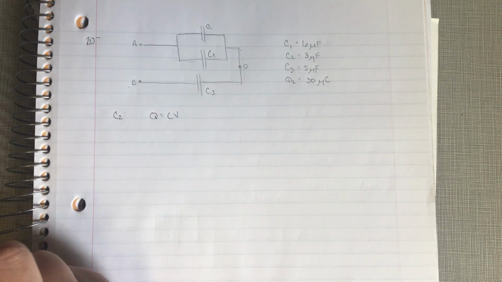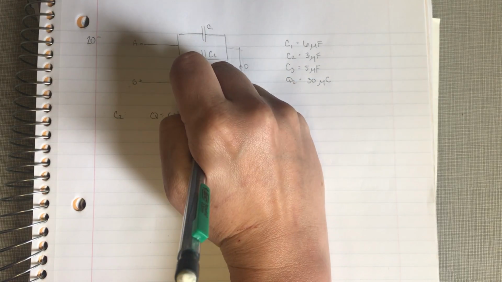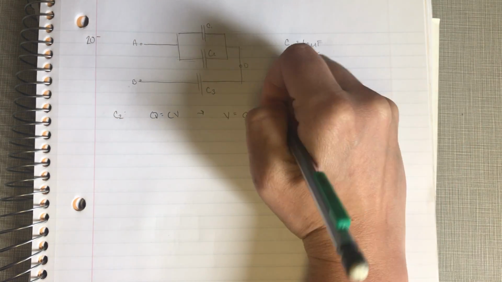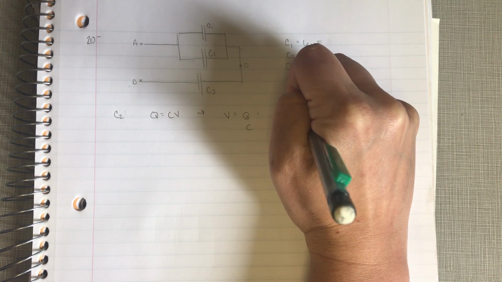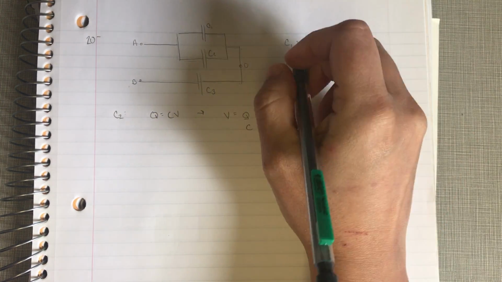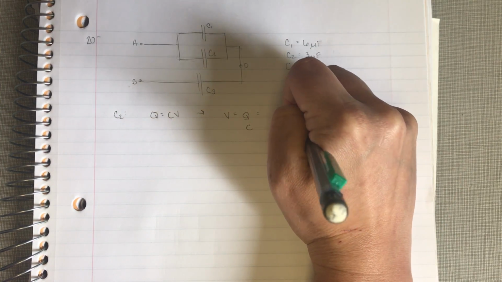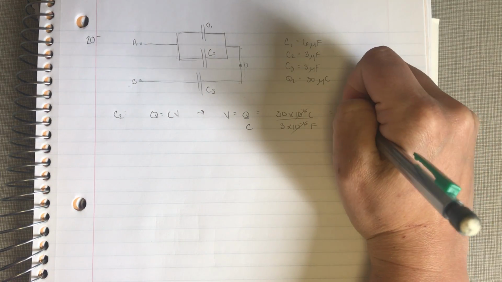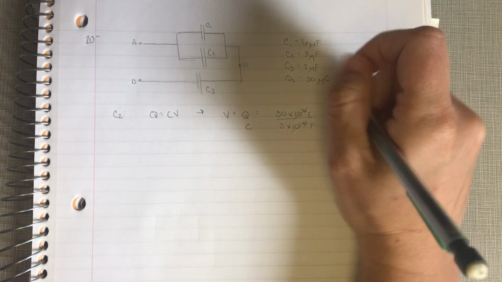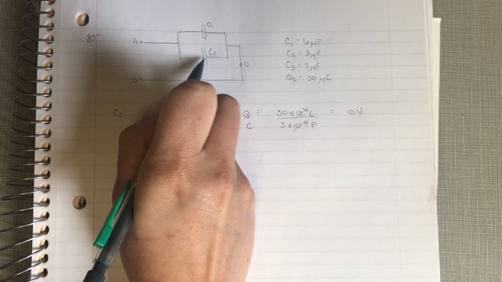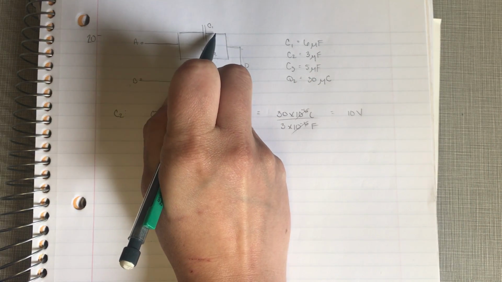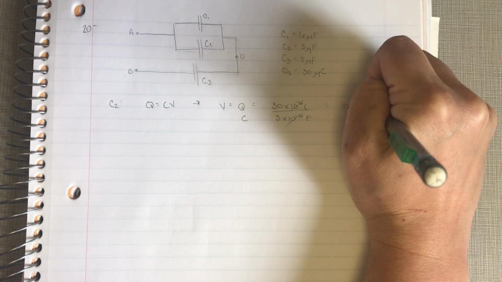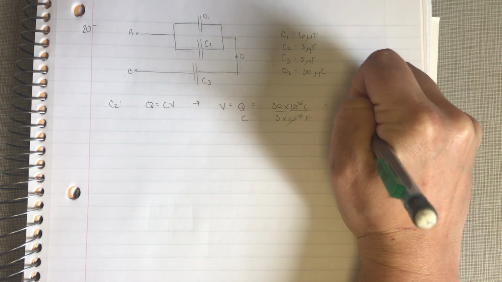We have Q, we have C, so let's find V. So V equals Q over C, which is 30 times 10 to the minus 6 coulombs over 3 times 10 to the minus 6 farads, which is 10 volts. So that's the voltage drop across C2. Because it's in parallel with C1, that means that the voltage drop across C1 is also 10 volts.